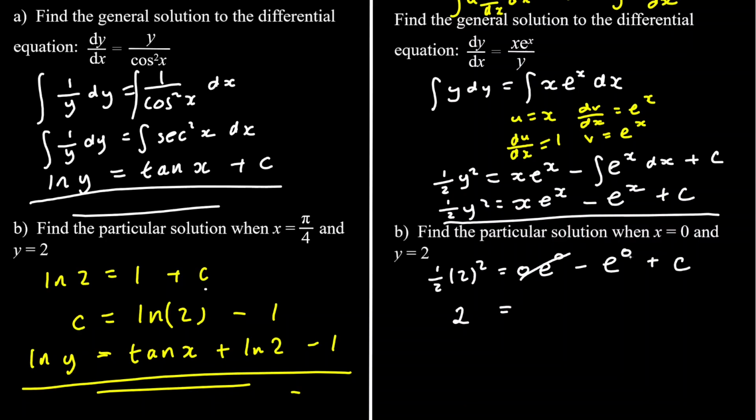Take away e to the power of 0, which is 1, so minus 1, negative 1 plus c. So c is 3. So we have our answer, half of y squared equals x times e to the power of x minus e to the power of x plus 3.